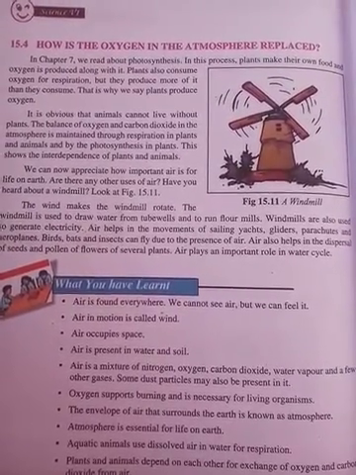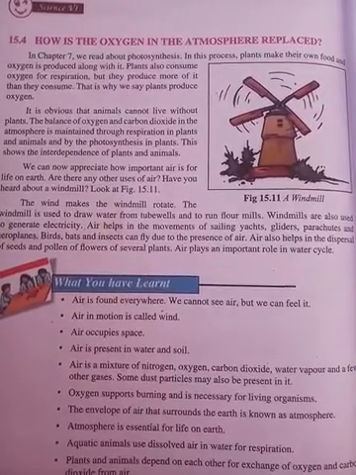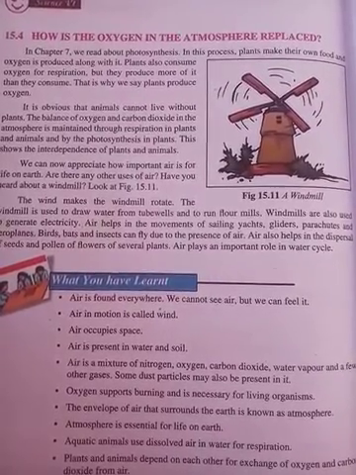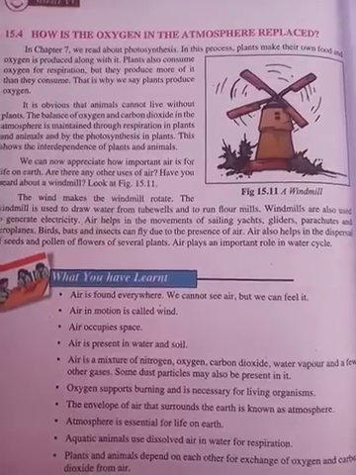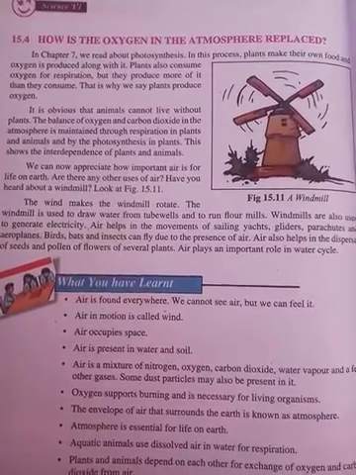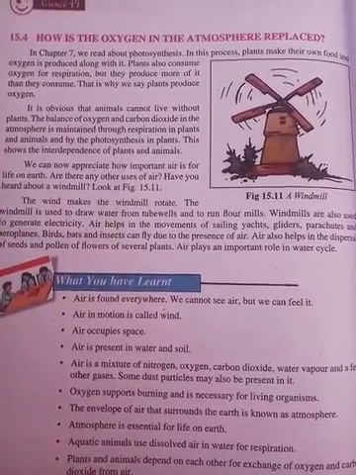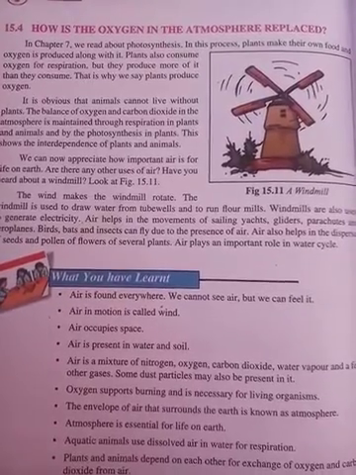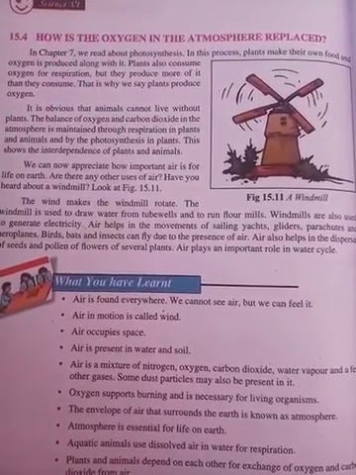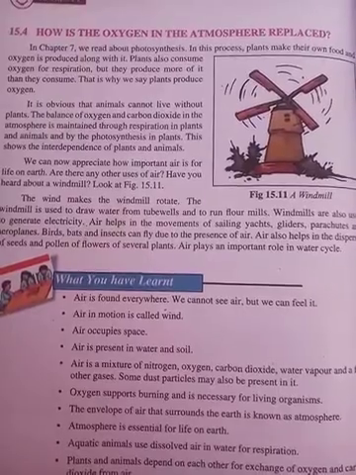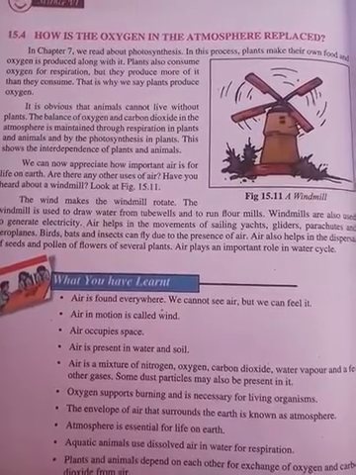This oxygen is liberated into the air and the animals consume this oxygen. Plants also consume oxygen for respiration, but they produce more of it than they consume. That is why we see plants produce oxygen.